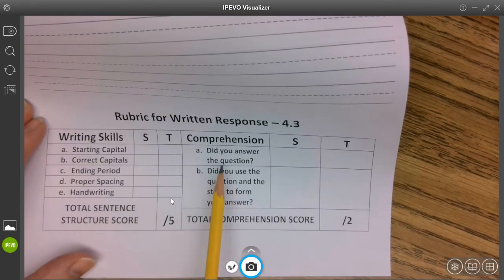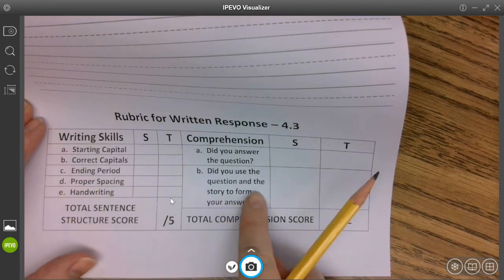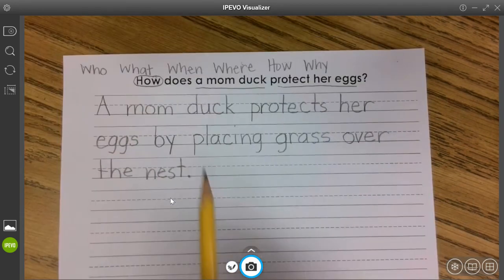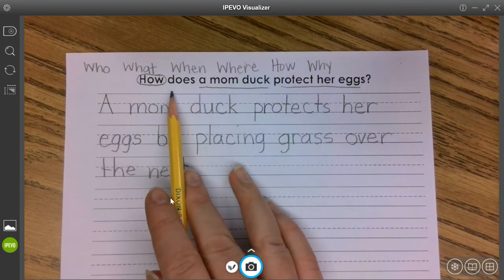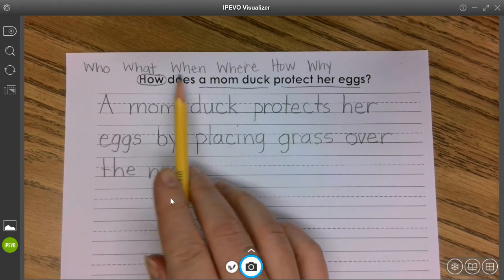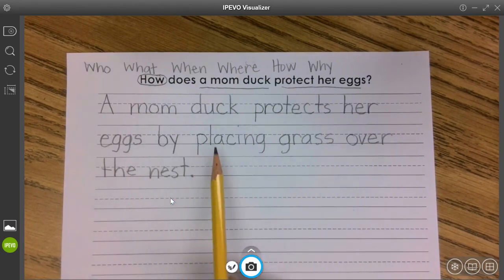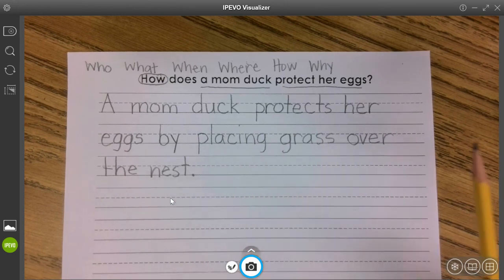So here on this side, did we answer the question? We can tell ourselves, yes, we did. And did we use the question and the story to find our answer? Yes, we did. You can see, again, we used almost all of the words from the question. The only word we didn't use was does. And then we found the placing grass over the nest. We got that from the story itself.